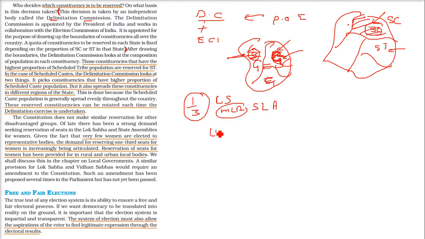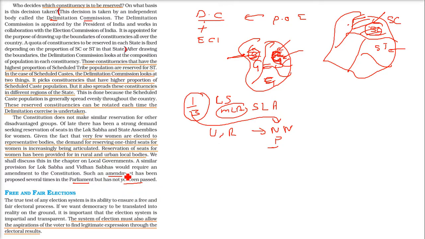Though in the urban and rural bodies like the Nagar Nigams and the Panchayat elections, one third of seats has been reserved for women, but not for MLAs and Lok Sabha. This bill is still with the parliament and they are not working on it. It is yet to be passed.